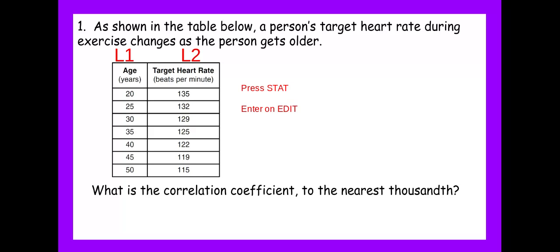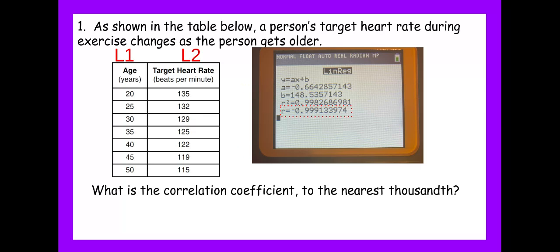Okay, now what we're going to do is we're going to press stat again. We scroll over to calc and press number 4 and then press enter 1 or 2 times, and that's going to give us our correlation coefficient. Remember, our correlation coefficient is our R value. You should have something that looks like that popped up on your calculator. If it doesn't, you either didn't turn diagnostics on or you plugged your data in incorrectly.